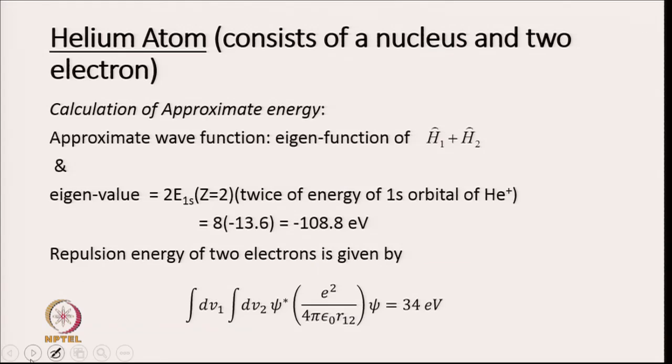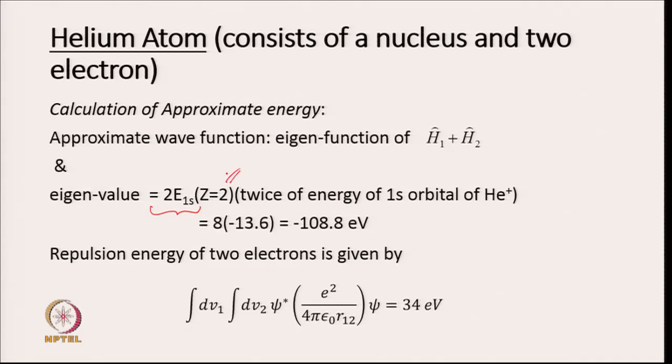So, if we take the approximate wave function and obtain the eigenfunction of the H1 operator plus the H2 operator, what we will get is 2 E1s. So, the eigenvalue obtained will be equal to 2 multiplied by the energy of the 1s orbital of He plus.